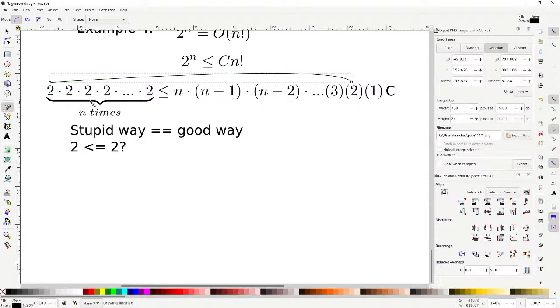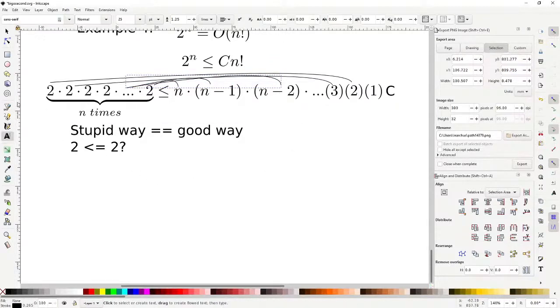I'm pairing here, and then I'm going to pair this with 3, and I'm going to keep going all the way up. And then this 2 that's hidden here, we're going to compare it with n minus 1, and the other 2 that's also hidden here, we're going to compare it with n minus 2, etc.